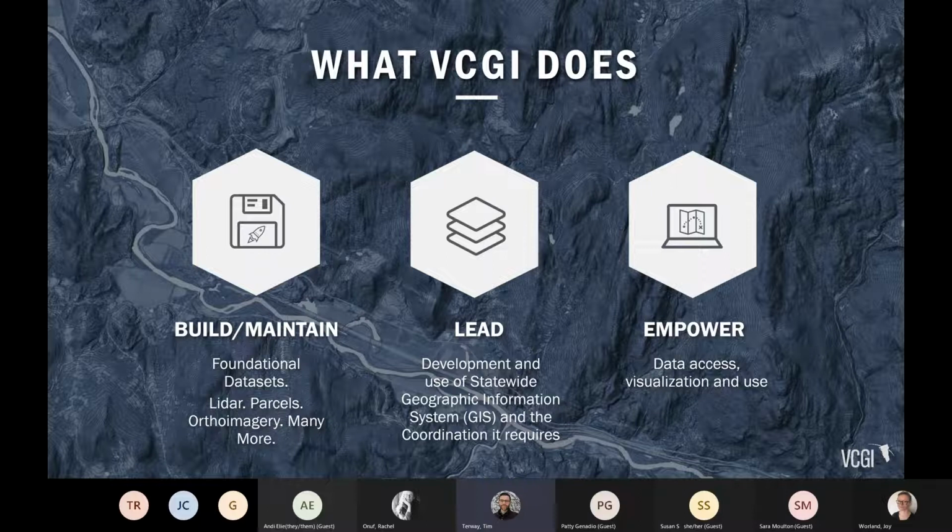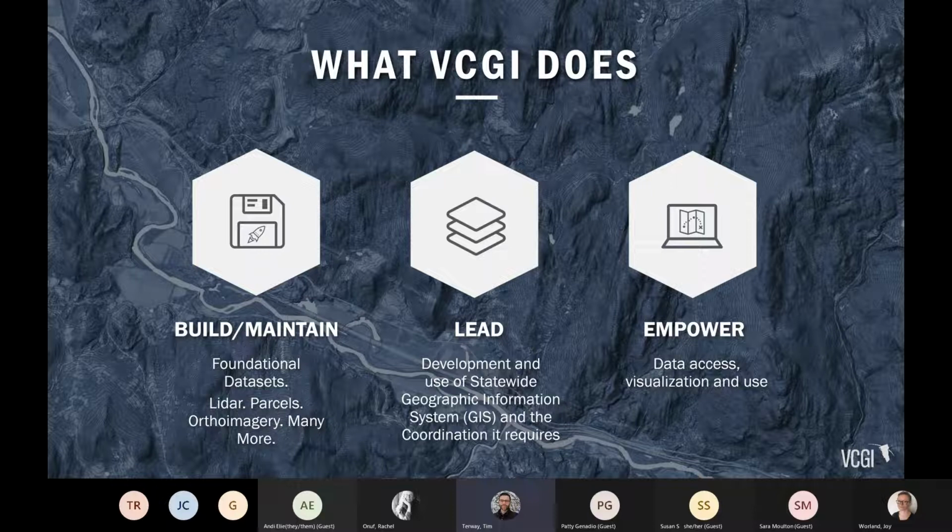We also lead the development of what's called the Statewide GIS System, or Geographic Information System, and most importantly, the coordination that it requires. Long story short, GIS being a complicated endeavor, spatial information of where things are on the map and what they relate to, if you don't coordinate in the GIS world, things simply do not work or do not work as well as they could if you do.